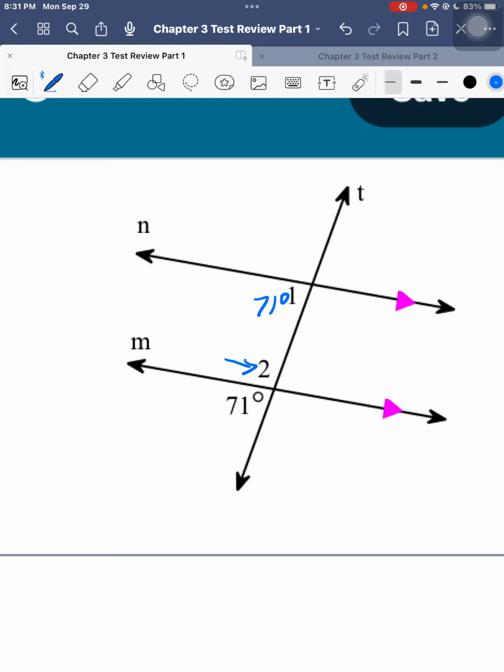Now, the measure of angle 2, you could think of 2 ways to do this. The measure of angle 2 is 109. But there's a couple reasons why it's 109.